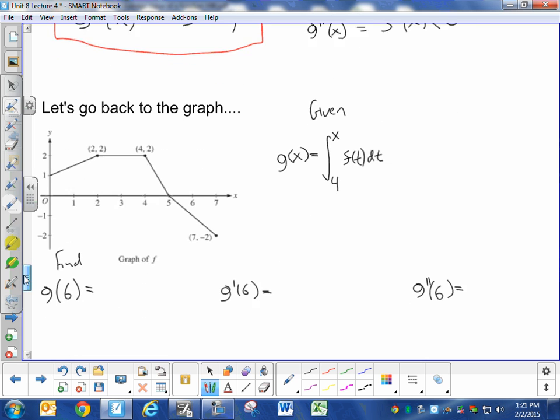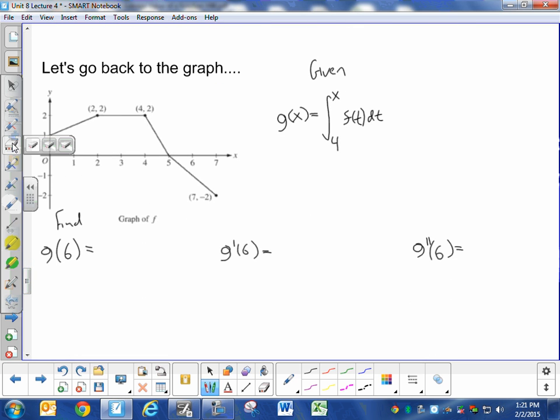Let's do a couple quick problems, just so you're comfortable being able to find g, g prime, or g double prime given information for f. And once we can do that, we'll start doing the more open-ended, when does g have a max, min, increase, decrease.